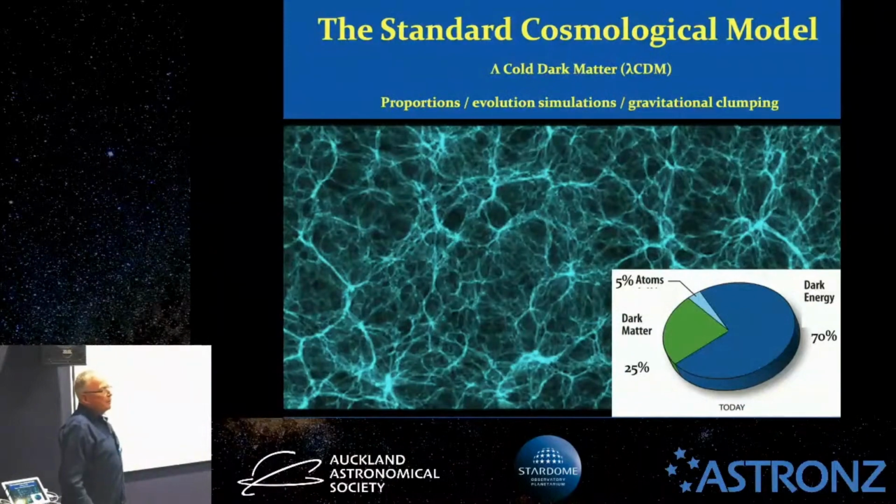The word clumping refers to how small areas of overdensity will get more and more dense because of gravity. Regions of less dense material will get less and less dense as material contracts into regions of higher density.